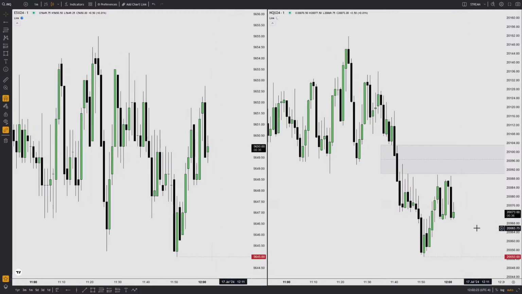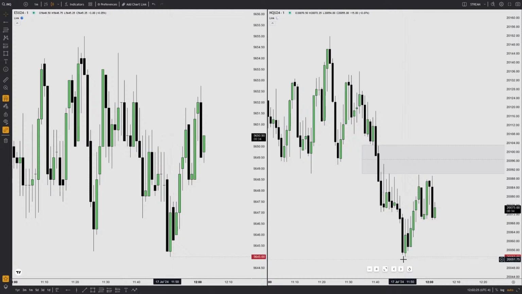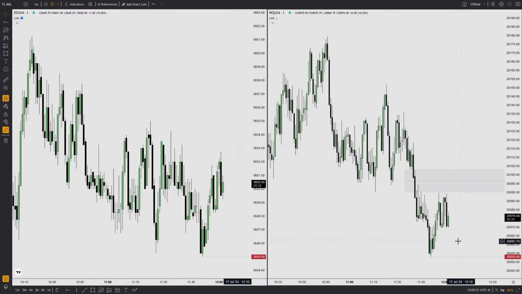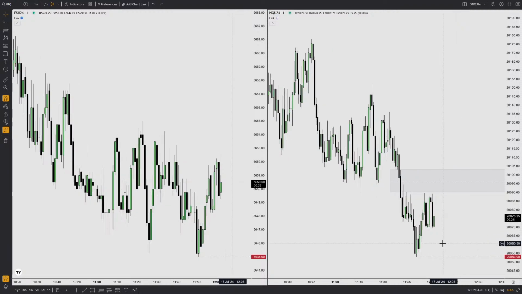To me, what I think is that we're probably going to take out this low first before any form of retracements. That is what I think. Okay, I'm going to mark 12 here. 12 o'clock.